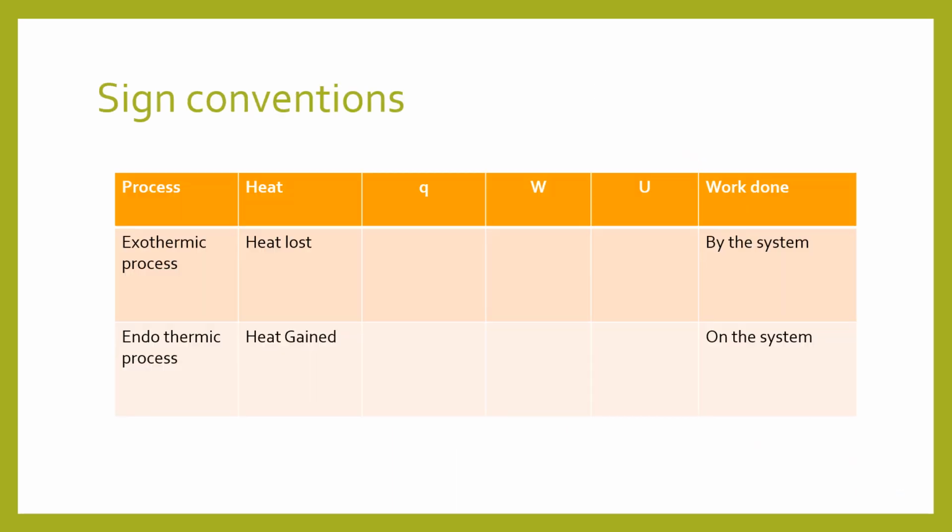Now has come the most important part of thermodynamics, the sign convention. Without this, all your numericals will fail. You cannot solve numericals if you don't know sign convention. For solving the numericals of work done, I'll prepare another video separately and share it with you. So now you just remember about sign conventions.